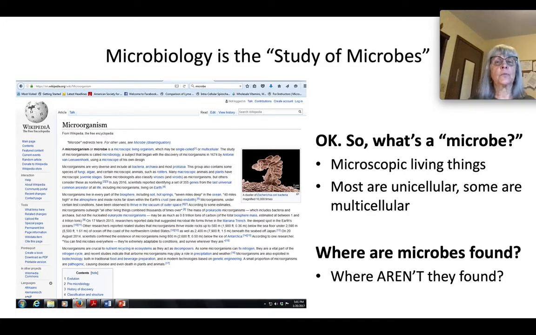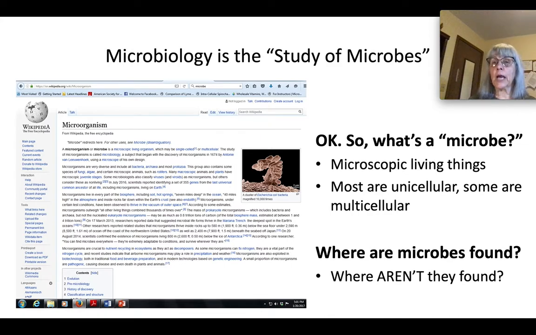One of the things mentioned is that most of the microbes are unicellular, so they're single-celled. We do have some microorganisms that are multicellular. And they are diverse, so they come in different shapes, sizes, and forms.